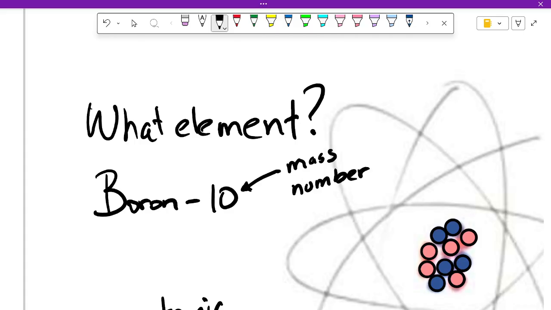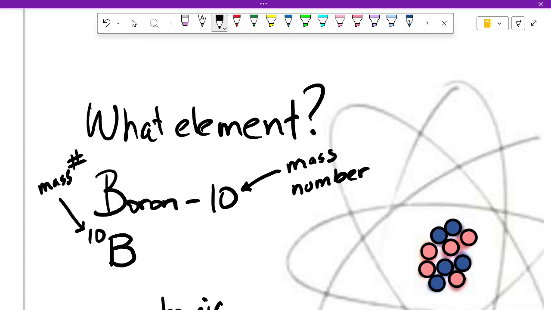We are on page 86. How would we do this if we wanted to write the element symbol instead? Where would we put the 10? Yes. On the left side at the top. So the mass number goes up here. What goes on the bottom?